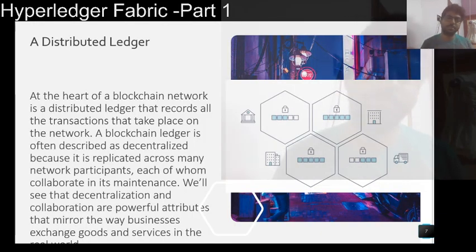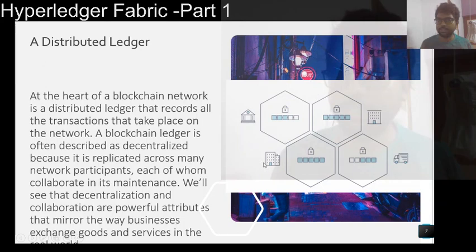When we say blockchain, the heart of the blockchain is the distributed ledger. What is a distributed ledger? When we have a decentralized network with many participants, in this diagram you can see you have a banker, a logistics party, and a vendor.